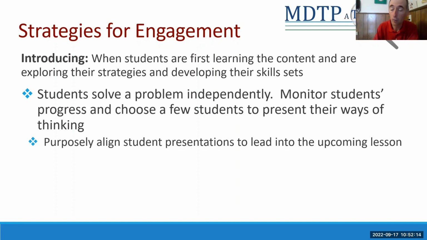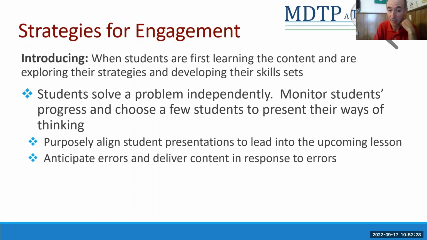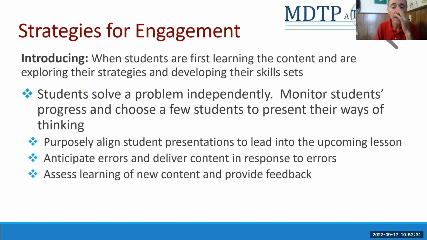Okay, so you can look who did what, and then you can select the ones that you're going to present and in what order. And when you plan, you should anticipate what the mistakes are going to be and try and make sure that you address those in your class. Okay. As always, you should assess how the students are learning this, and you should always provide feedback to the students.